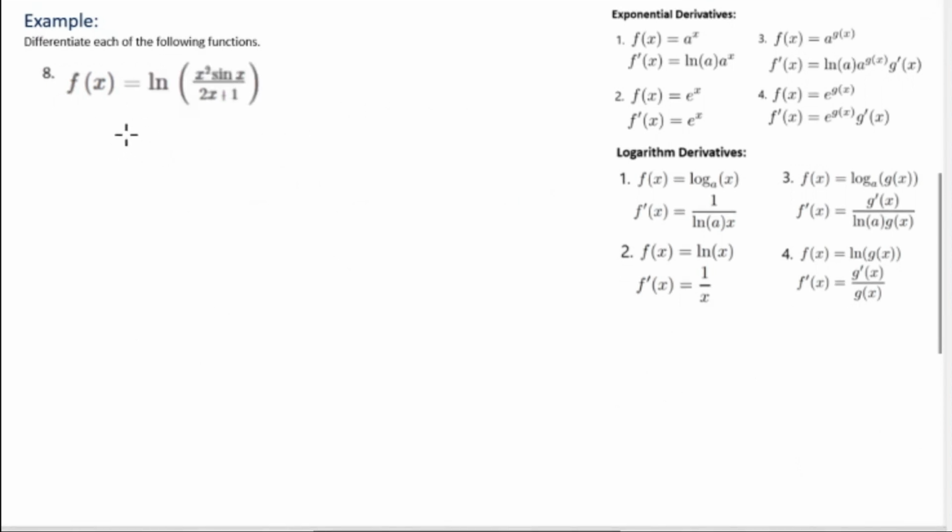Example number 8. The function f of x is equal to ln of x squared times sine x all over 2x plus 1. First, we need to simplify based on the properties of logarithms. Ln of x squared is 2 ln of x, plus ln of sine x, and we have ln of 1 over 2x plus 1, which will be negative ln of 2x plus 1.